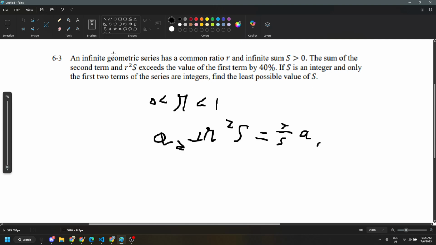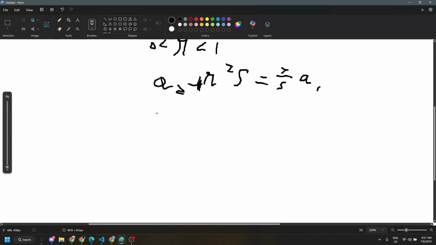S is an integer and only the first two terms of the series are integers. Find the least possible value of s. Okay. So we can change this to r a1 plus r squared s equals 7 over 5 a1.